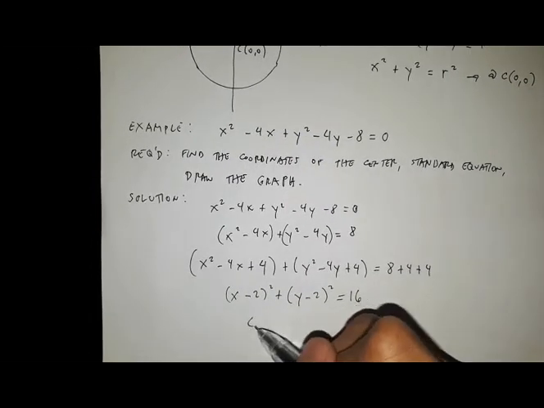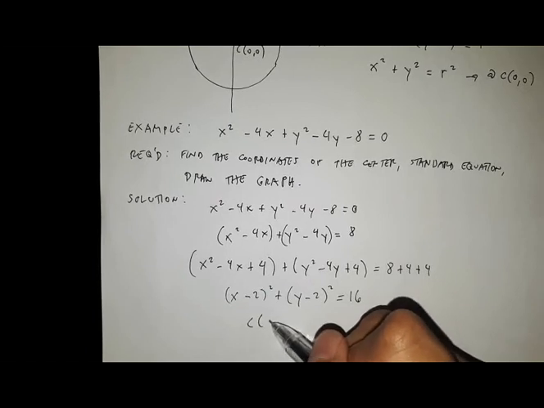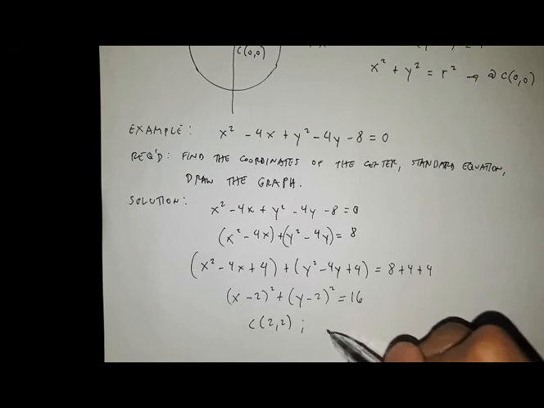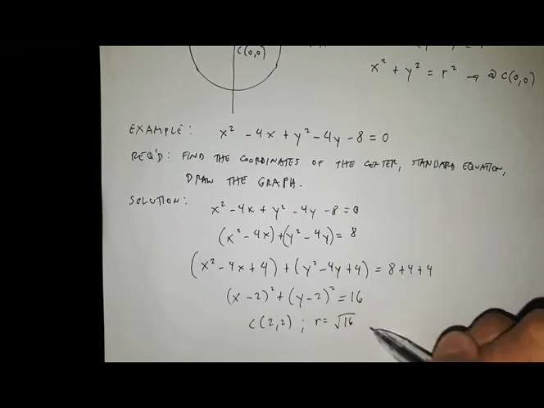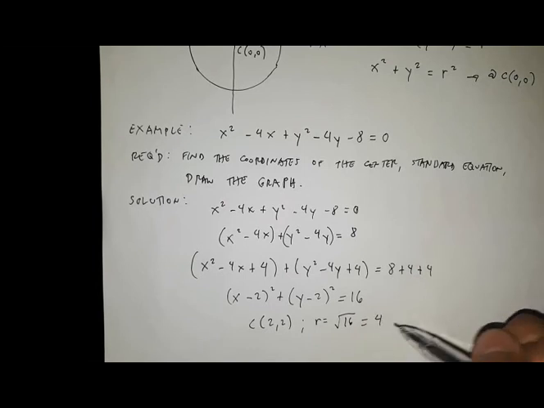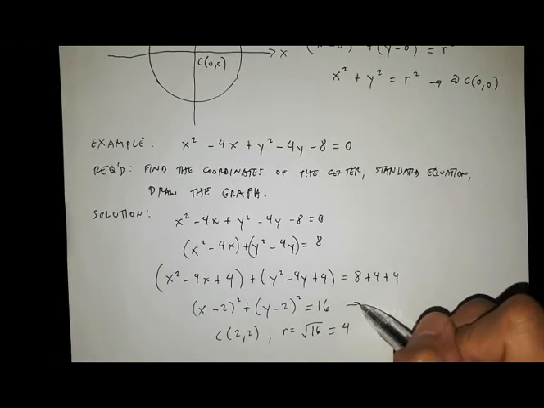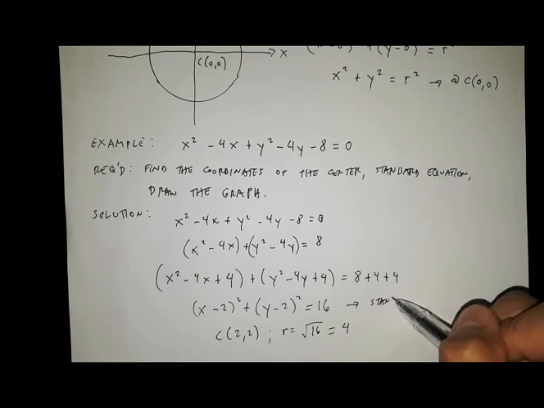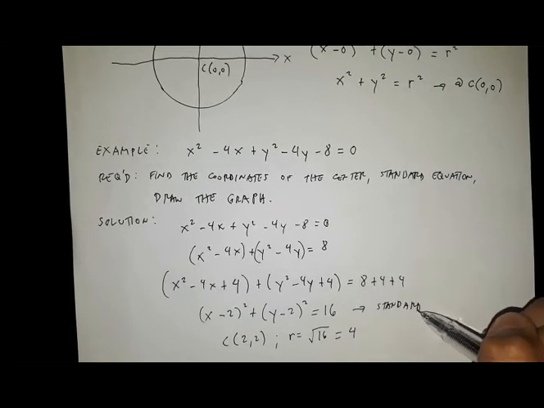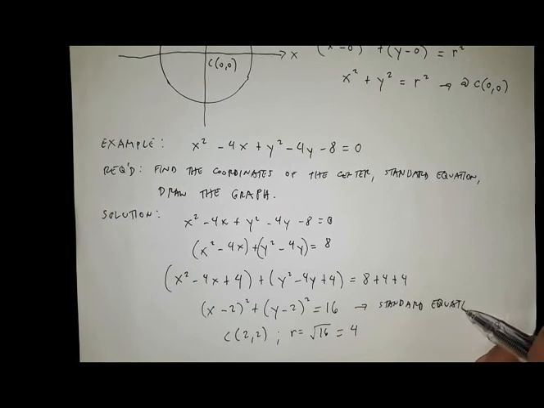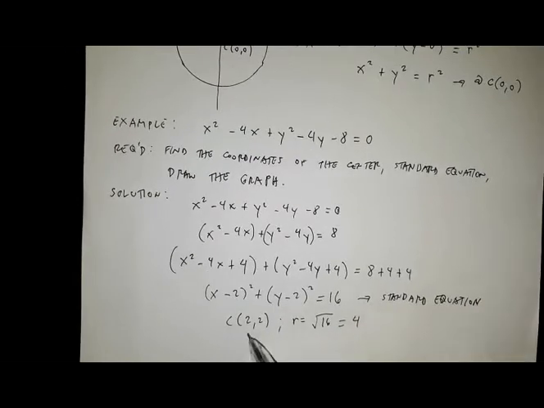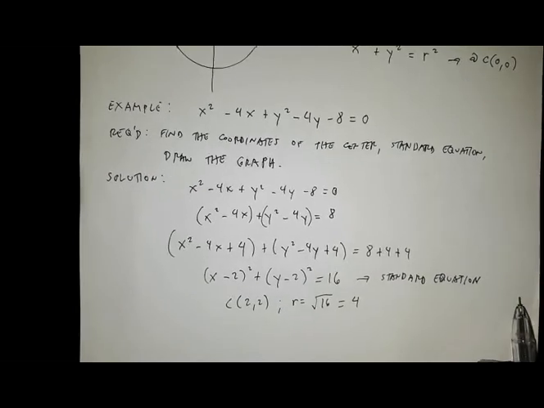Therefore, your center is at coordinate (2, 2), and your radius is equal to the square root of 16 equals 4. So this is your standard equation. This is your center and this is your radius. Now we can draw the graph.